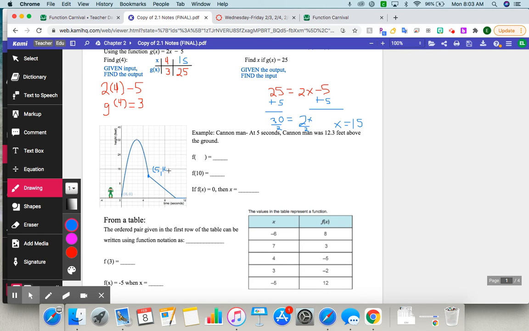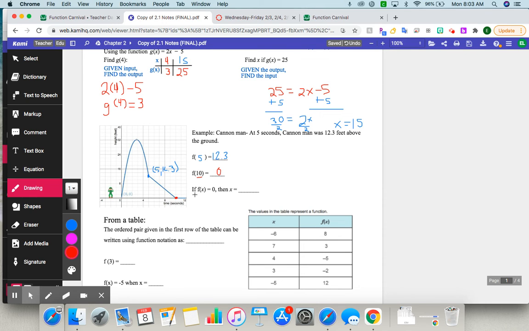But in function notation, at this point we know we'd say f of 5 equals 12.3. So I can also fill out function notation using the graph. This says when x is 10, so I have to go on the x-axis. This is the point where x is 10, and the output in this case is 0. So f of 10 equals 0.